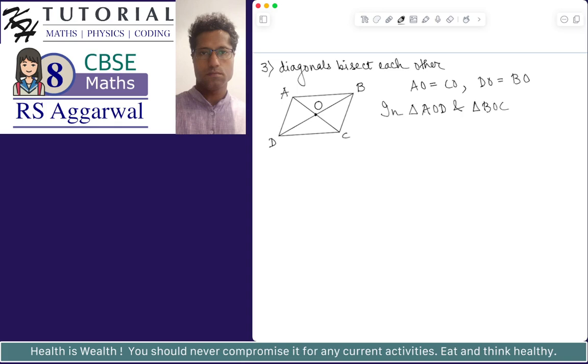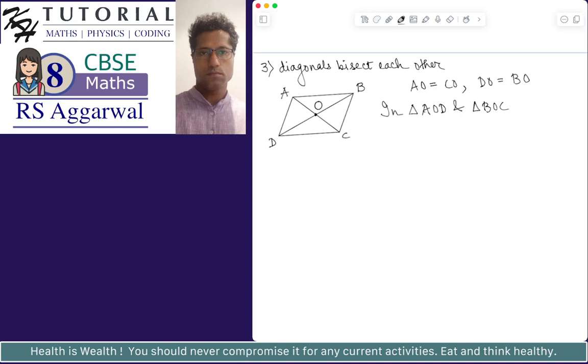Let's see if we can prove these two triangles to be congruent. Then we can prove that AO and CO will be equal because they will be corresponding sides, and also DO will be equal to BO as they will be corresponding sides.